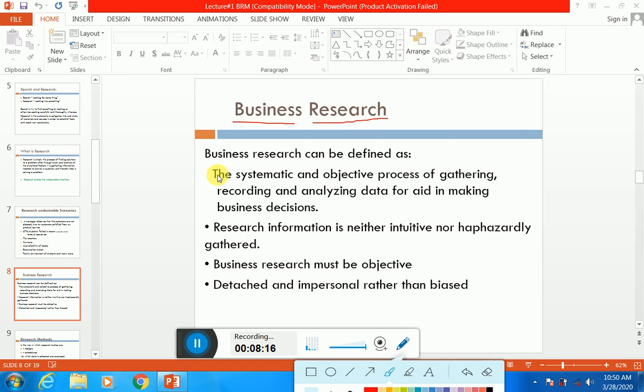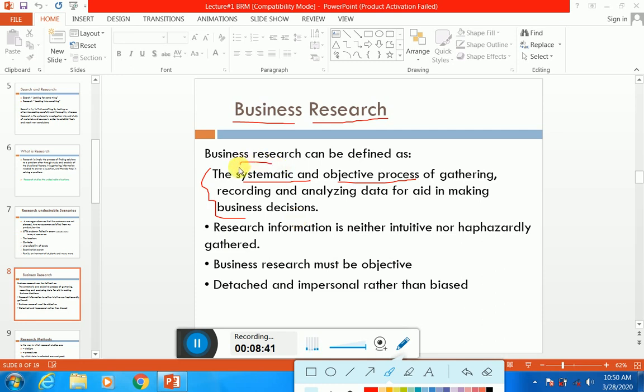Now, how do books define business research? I have mentioned a definition here. Business research is the systematic and objective process of gathering, recording and analyzing data to aid in making business decisions.